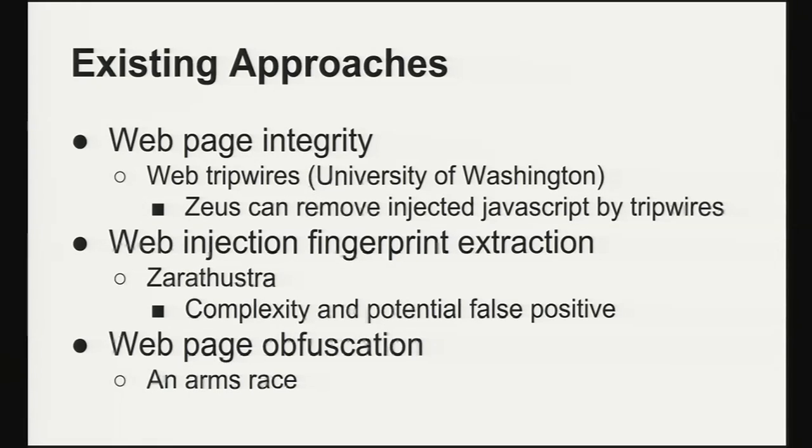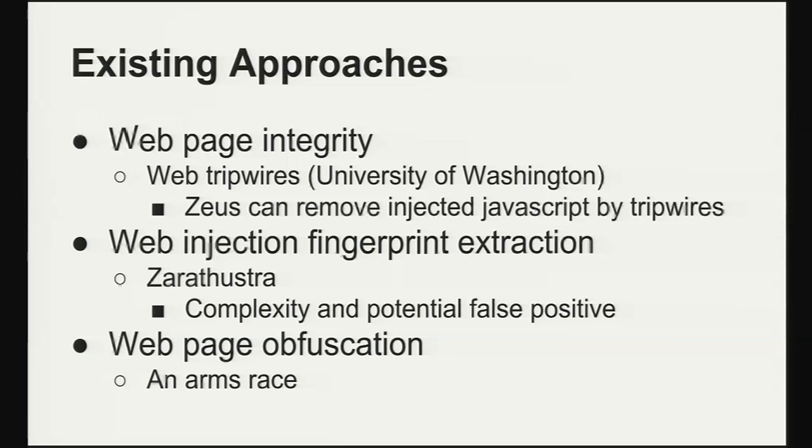And the third one listed is web page obfuscation. In the RSA 2014 presentation by TrustWave, they presented that this is an arms race. Basically, they use the obfuscation ideas from the hackers, which were used to hide their exploit tools from security software. Then they borrow that idea and apply it to the web page. So the web page is now obfuscated, and the bot, like a Zeus bot, cannot find the right place to inject the content.